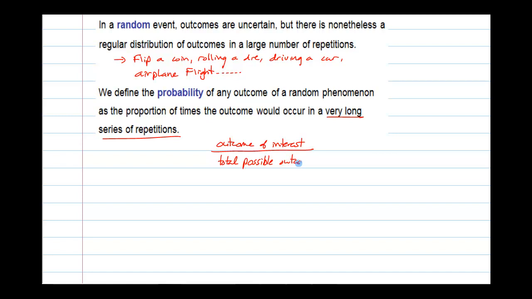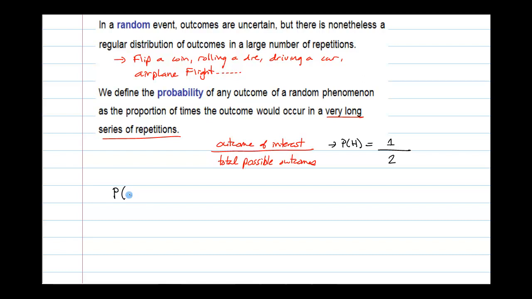And we'll look at a really easy example here. For instance, if I wanted to talk about the probability of getting a head when I flip a coin, a coin has two sides, so that's the total number of possible outcomes. And out of those two possible outcomes, one of them is a head, so 1/2 or 50% or 0.5. Same thing when we roll a die.